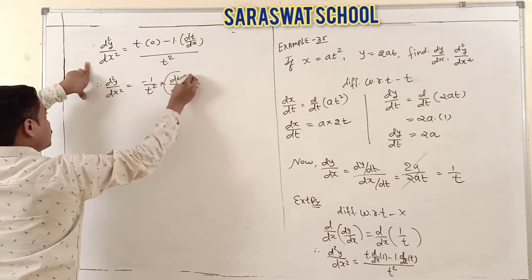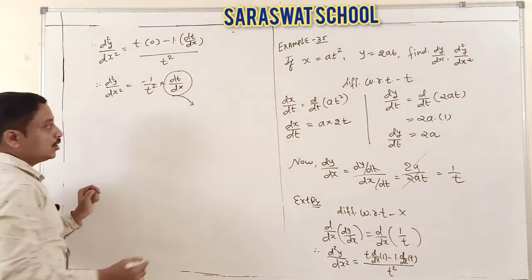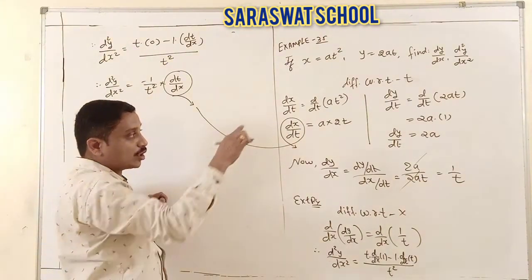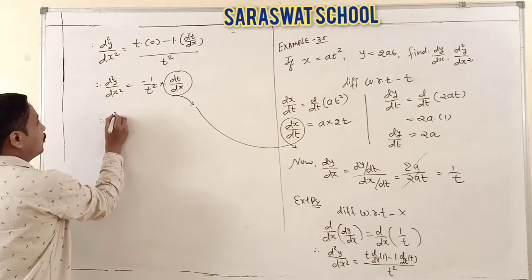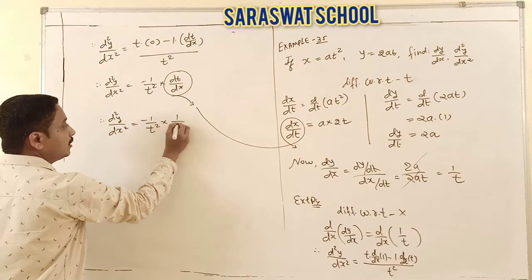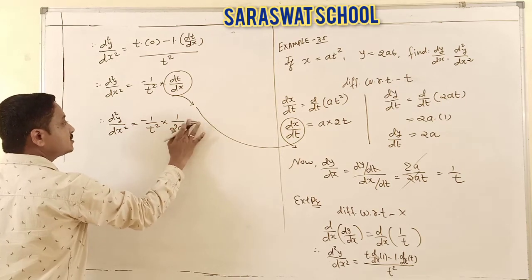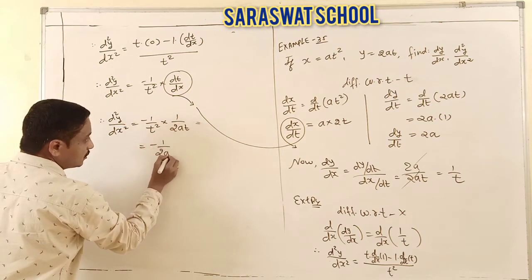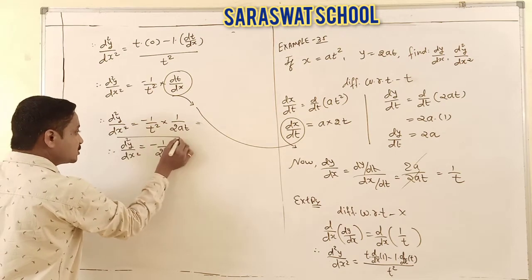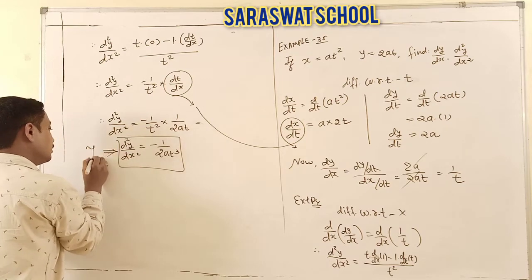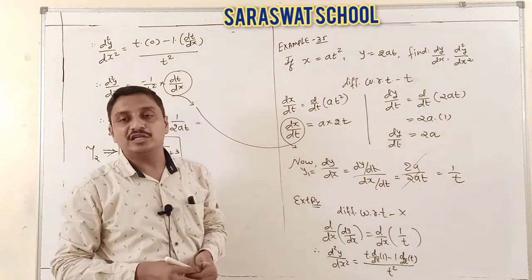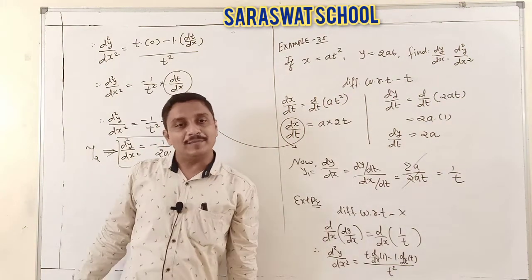Now students, this value dt by dx you already calculated: it is 1 upon dx by dt, that is 1 upon 2at. So my answer is minus 1 by 2at cube for d square y by dx square. And students, here your second order derivative is easily done. It is the first order derivative y1 and this numerical is fully completed.